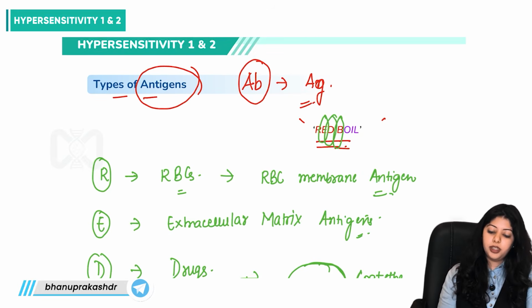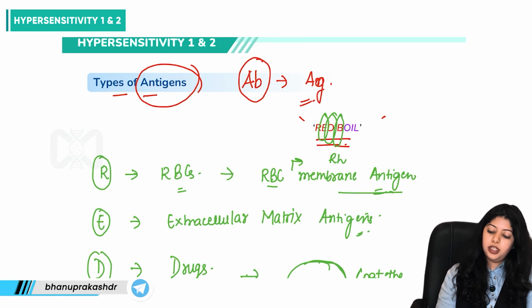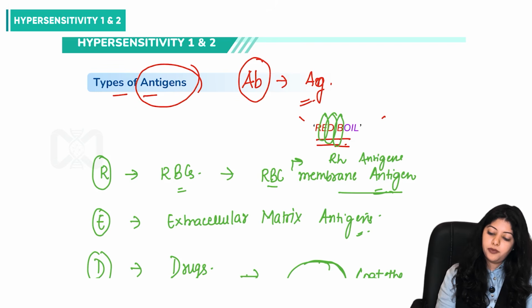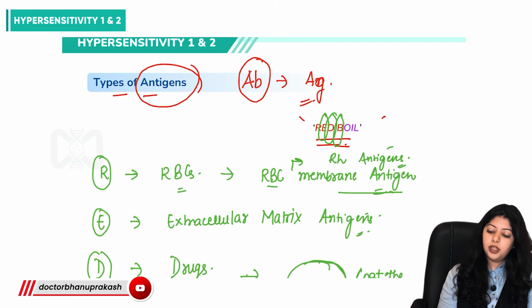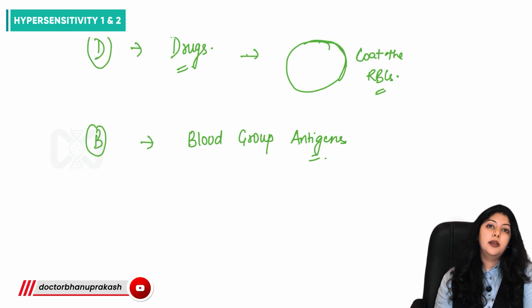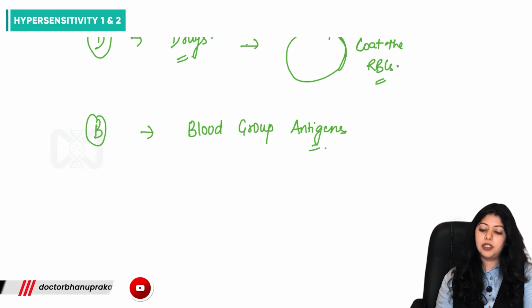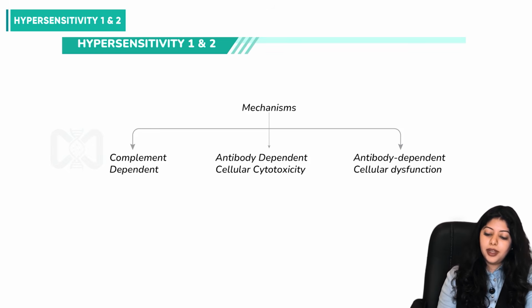So what are these RBC membrane antigens? These can be RH antigens, right? So these are the important antigens which can lead to the development of type 2 hypersensitivity reaction. So now let us look at the mechanisms which are involved in type 2 hypersensitivity.